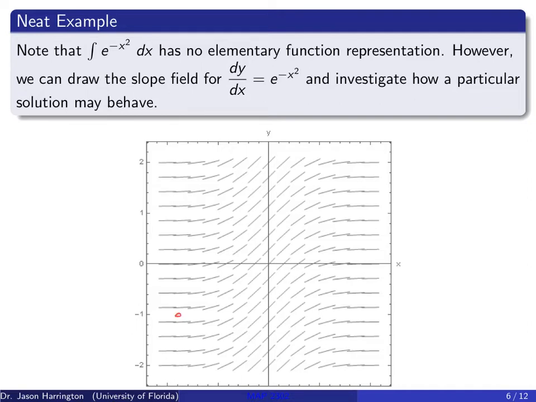So for example, if I start at this particular point, I can see that the solution would have this shape. Or if I try another point, for example, right up here, then this is what the solution would look like at that condition.